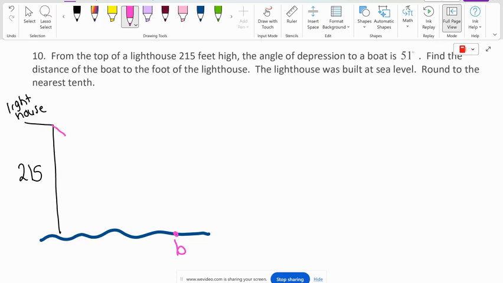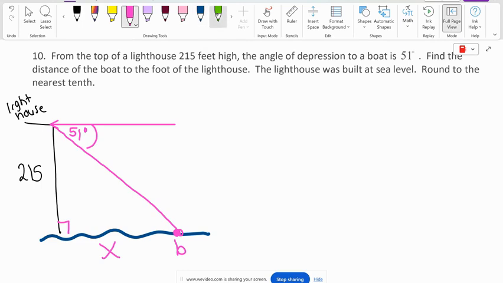Now an angle of depression is one ray looking down, but the other from the same point has to be horizontal. So this is my angle of depression. Find the distance of the boat to the foot of the lighthouse. So we're finding the bottom length right there.